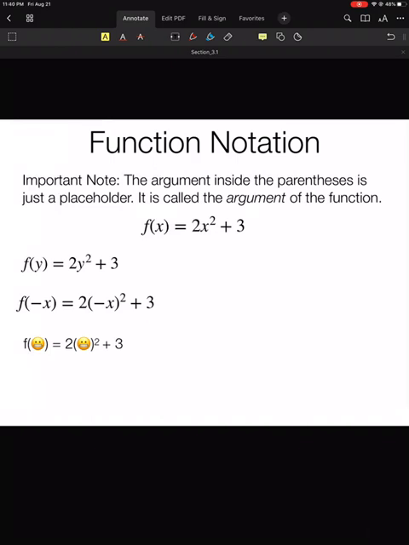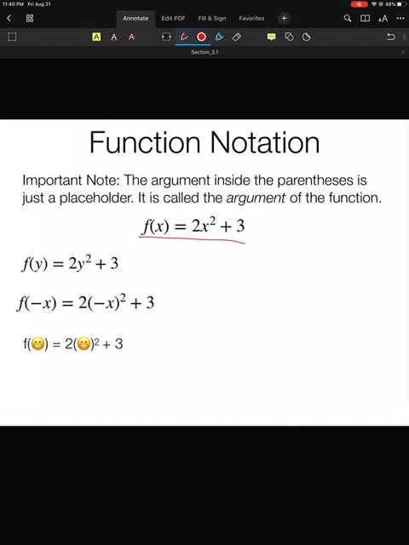There's an important note that many students get caught up on. The argument inside of the parentheses is just a placeholder. Its specific name is the argument of the function. If I had the function f of x is equal to 2x squared plus 3, many students get caught up with the x being here, and when I change things around, they don't quite make sense.